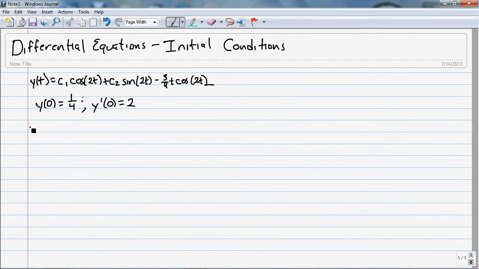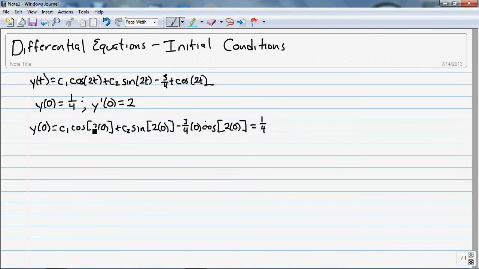So I would get y of 0 equals c1 cosine 2 times 0 plus c2 sine 2 times 0 minus 3/4 times 0 cosine of 2 times 0. And that would equal 1/4.